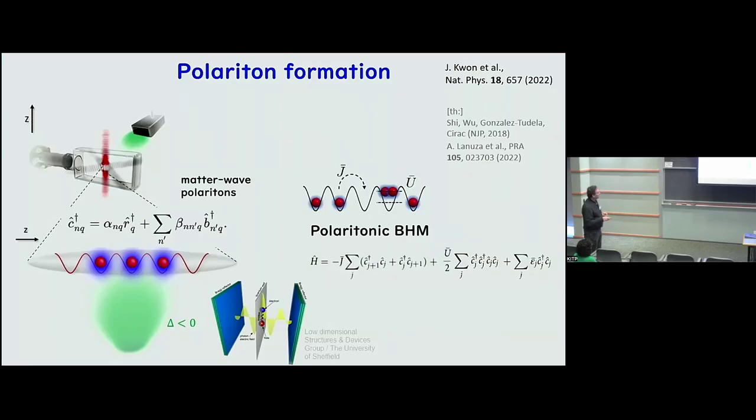And so we realized a polaritonic Bose-Hubbard model. You see some fancy features, like a shift of the phase transition as a result of the coupling, and also different branches of the polaritons that you can couple to.